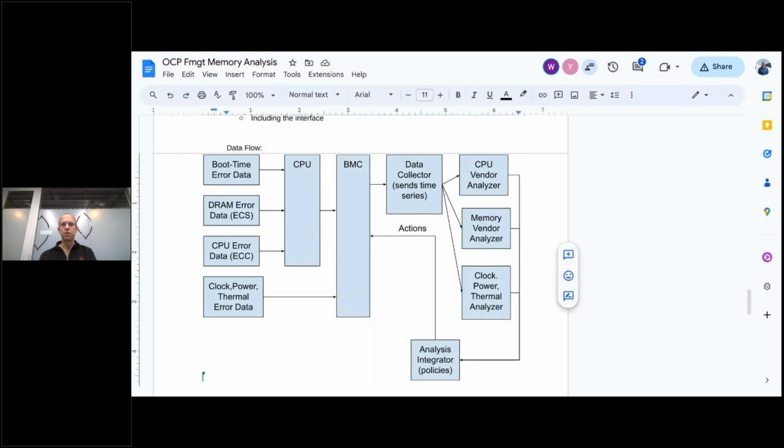And just from a fleet scale operations perspective, the problem is I could roll out a new analyzer and then start shutting my whole fleet down because there's a bug in the analyzer that says, oh, this machine's about to die, go down. So typically there's some rate limiting where the actions get moderated by limiters that say, you know what, you've just taken 10% of my fleet out, I'm going to stop you now.